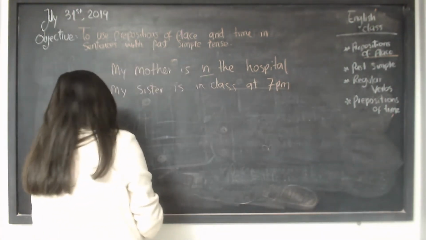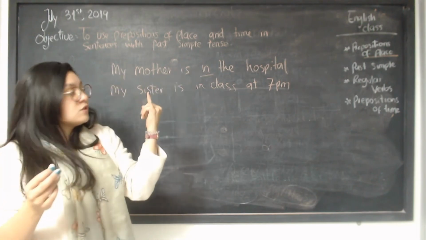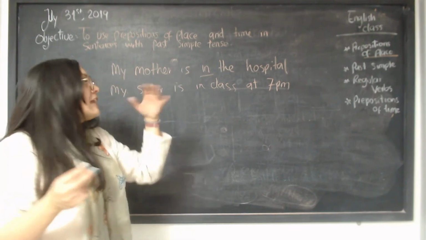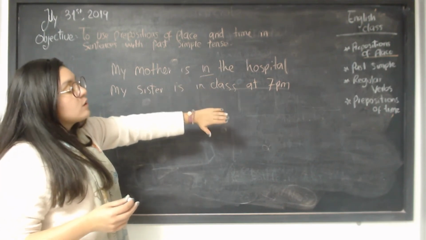So let's see this one. My sister is in class at 7 p.m. So I'm adding a preposition of place and a preposition of time in the same sentence. En la misma oración estoy utilizando una preposición de tiempo y una preposición de lugar.